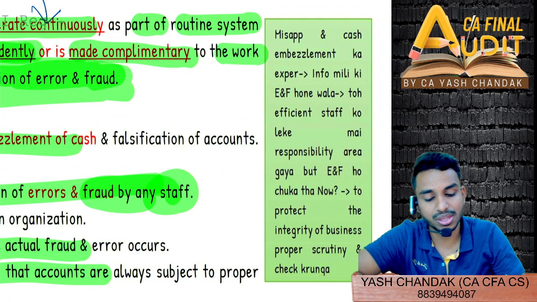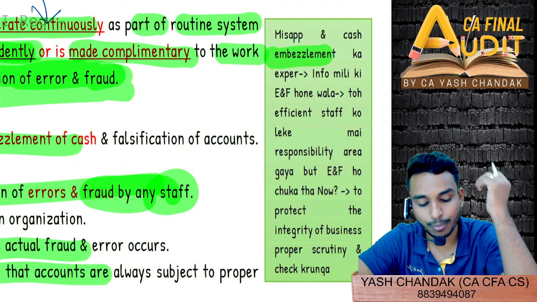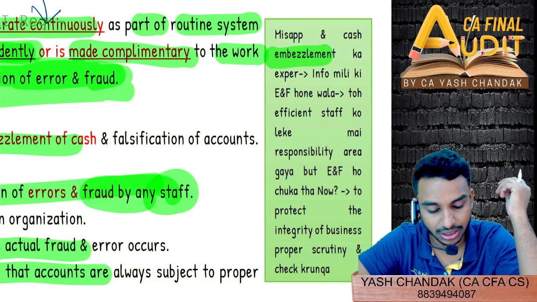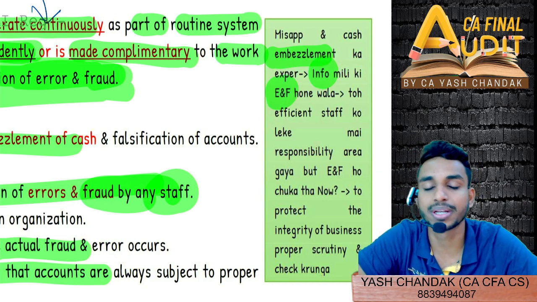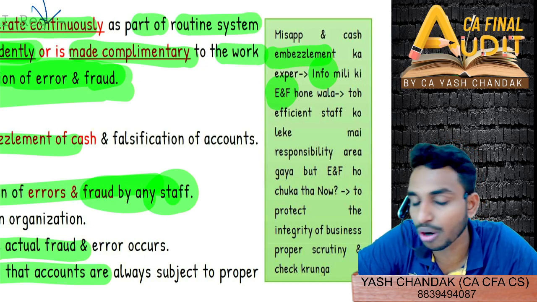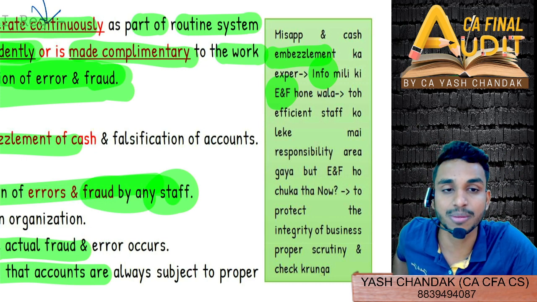What I have done is, I am the expert of misappropriation and embezzlement, cash embezzlement. So I got the information that errors and frauds are going to happen, and I am the expert of misappropriation and embezzlement of cash, right?